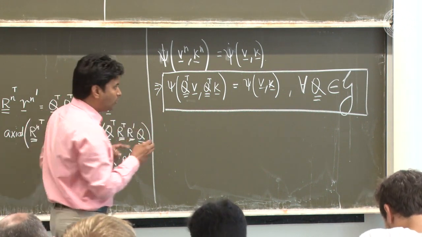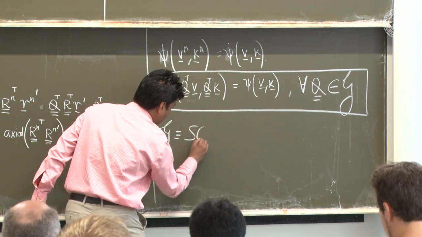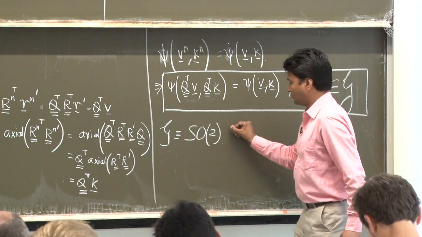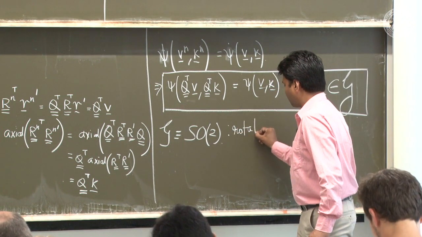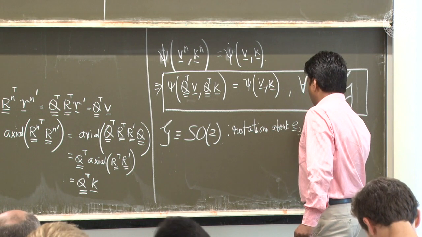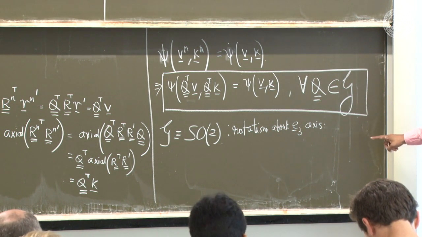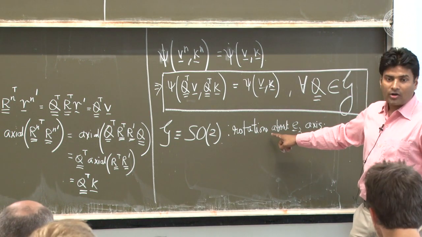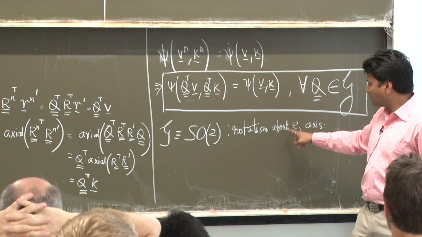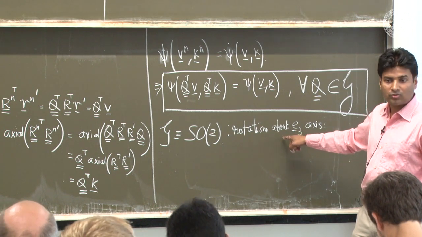So think of the symmetry group G equal to SO2, all rotations about the E3 axis, and certainly rods which are circular and isotropic will have this symmetry group, and there are many other rods which will also have this symmetry group.